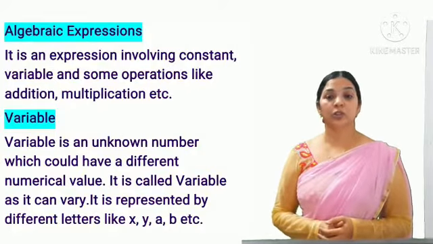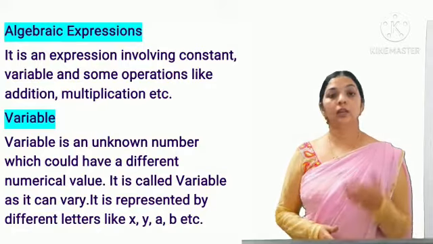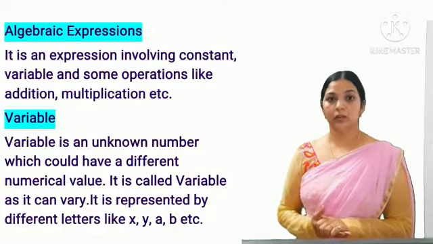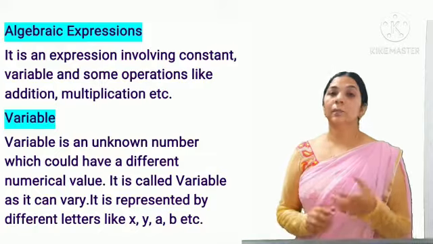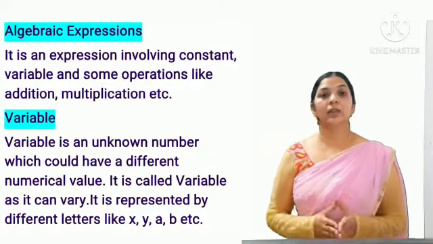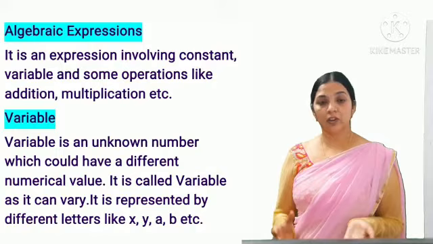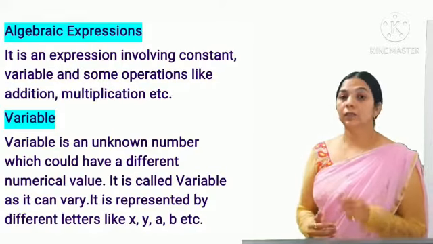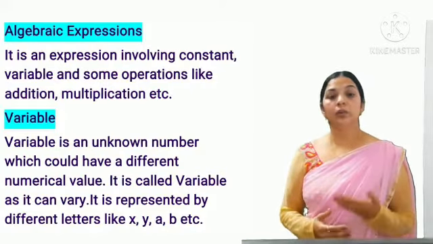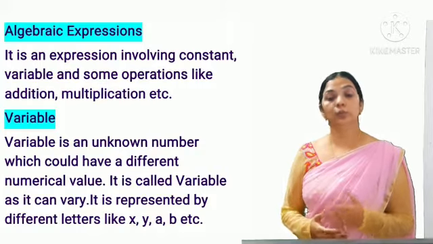It is an expression involving constants, variables and some operations like addition, multiplication, etc. These three things combined make an algebraic expression. Now, what are variables? A variable is an unknown number which could have a numeric value.